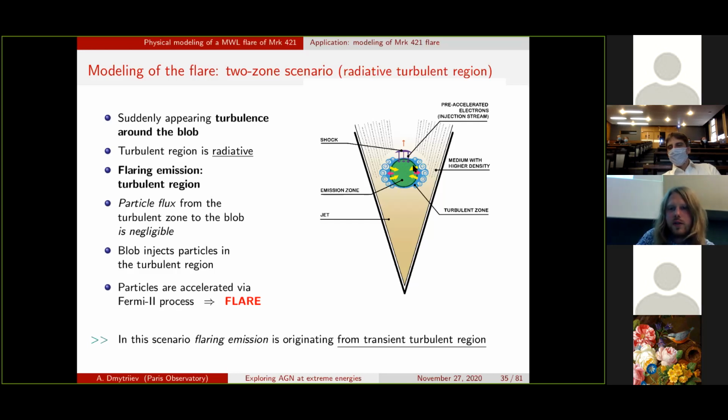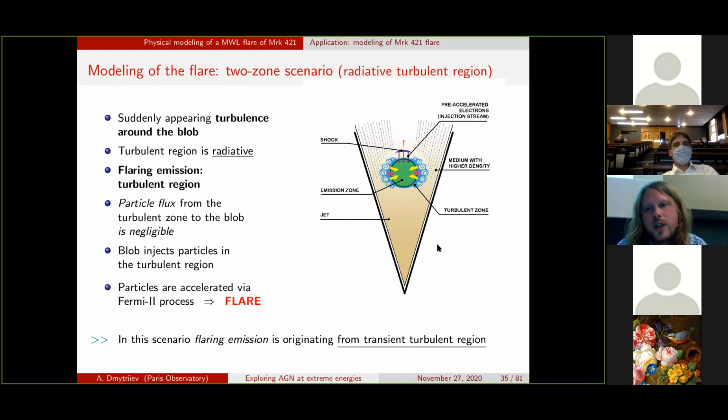So there is an interchange of flows of particles, and this region can be either radiative or non-radiative. I explored both. The non-radiative model is actually not describing the data set well, while the radiative gives a satisfactory description. And we assume a limiting case in which the particle flux from the turbulent region, represented by yellow arrows, is negligible compared to the upstream shock.